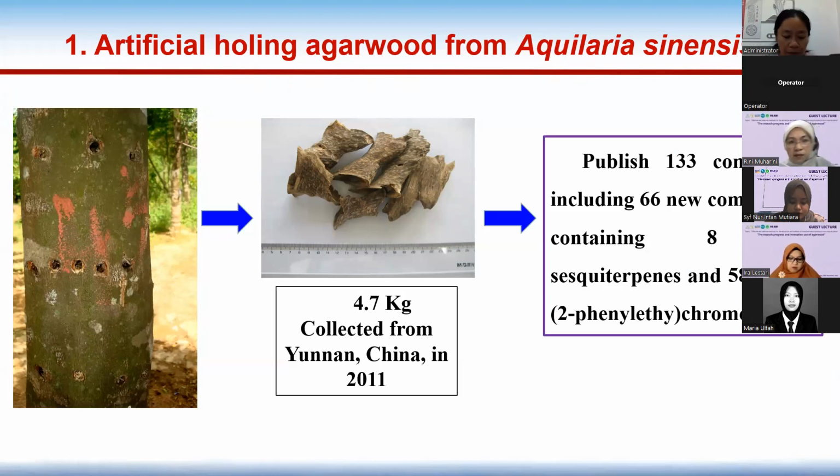This method is to make holes, one by one, on the stem of the tree. Usually we start making the holes from 1 meter above the ground, with about 15 centimeters for one series of holes.